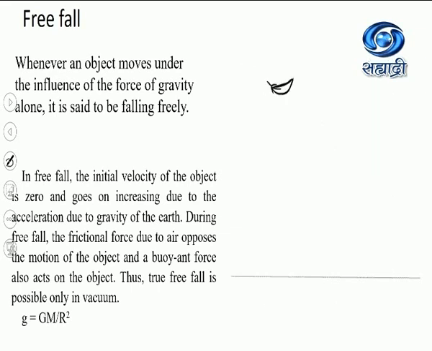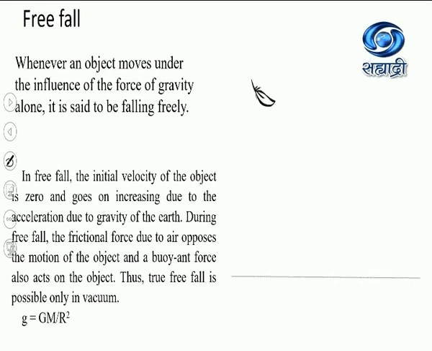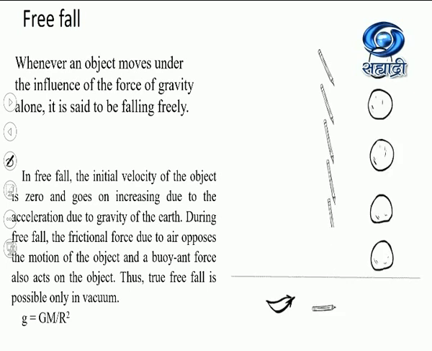During free fall, the frictional force due to air opposes the motion of the object, and a buoyant force also acts on the object. Thus, true free fall is possible only in vacuum. But here you can see there is no vacuum. So due to resistance of air, the times to reach the ground are different.